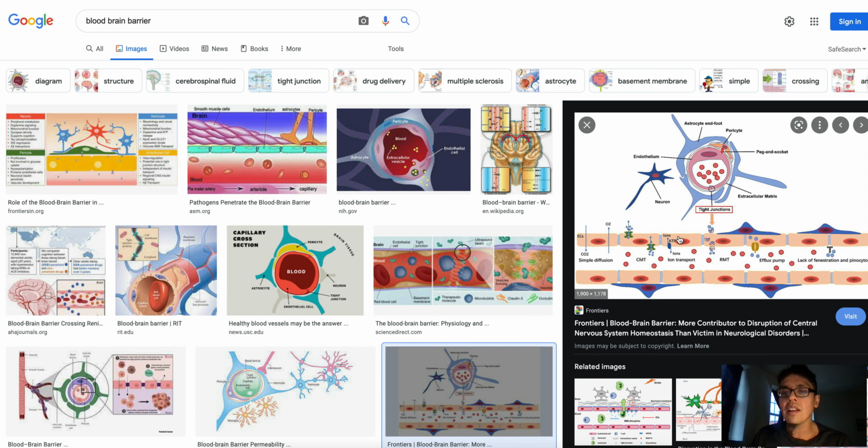And how does it do that? Your endothelial cells are just standard endothelial cells with a phospholipid bilayer, right? And whatever's in your blood that's not small and lipid soluble, two criteria, will not be able to pass through the blood-brain barrier.